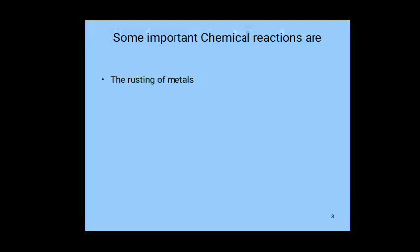The positive charged cation on the metal surface and the negative charged particle of the environment substance, these opposite charged particles attract together to form a stable molecule on the surface of metal. The formation of this stable molecule on the surface of metal is called rusting of iron.